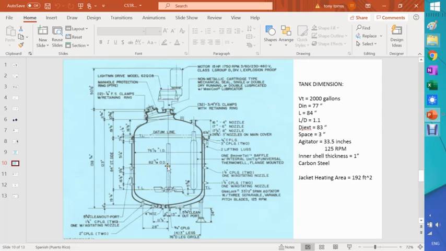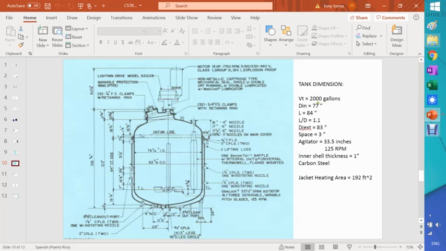Quite a lot of information. I can extract all that information because sooner or later I will need it to estimate either the area of the jacket and the overall heat transfer coefficient.